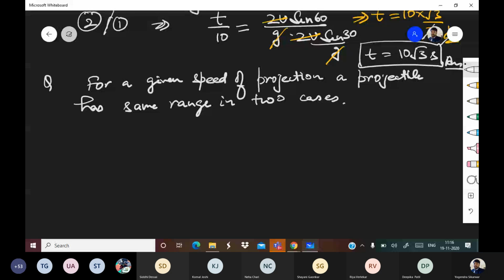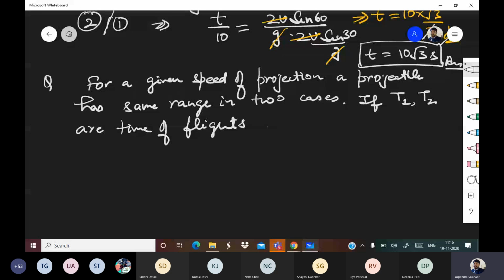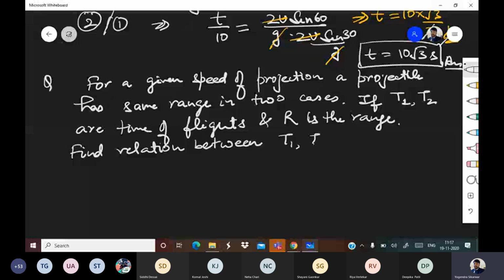If T1, T2 are the times of flight and R is the range, find the relation between T1, T2 and R. Please find.